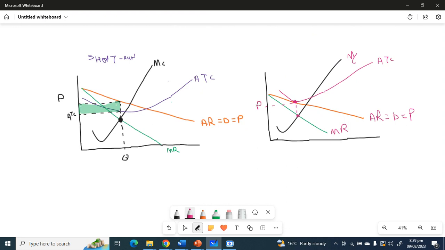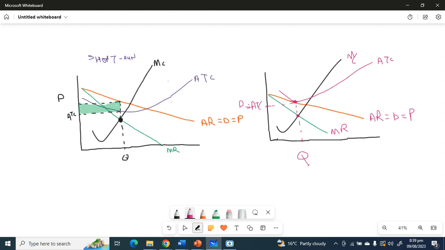And this will be the price, and this will also be the average total cost. So here we're going to say P equals ATC. So this is the graph of monopolistic competition in the long run.